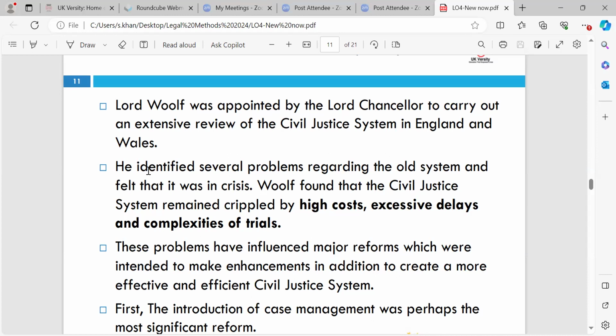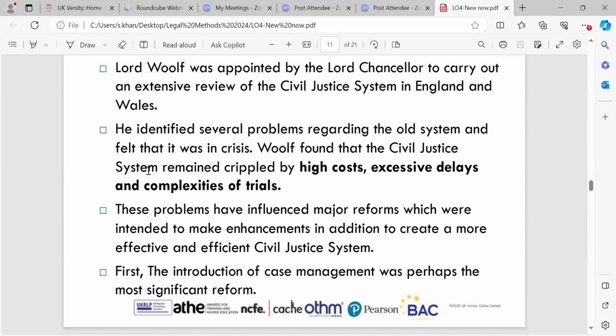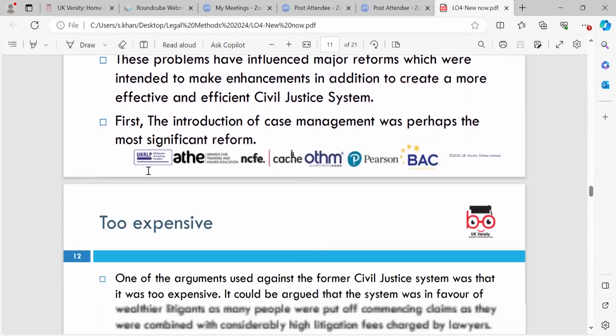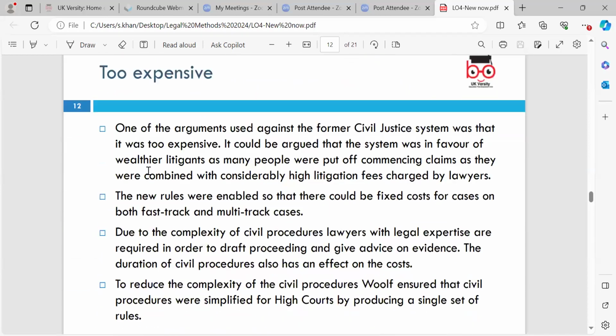These problems have influenced major reforms which were intended to make enhancements in addition to create a more efficient and effective civil justice system. Firstly, the introduction of case management was perhaps the most significant reform. Too expensive. One of the arguments used against the former civil justice system was that it was too expensive.